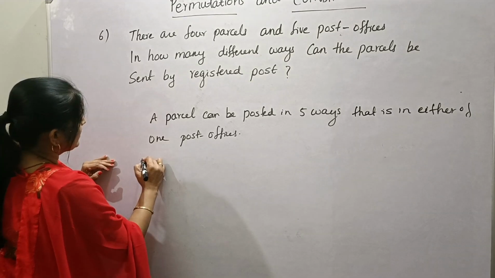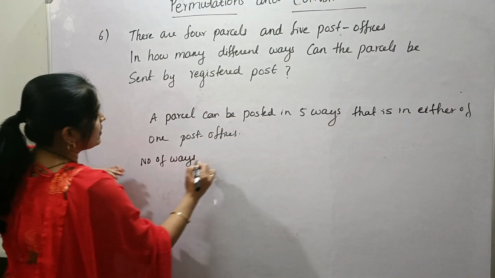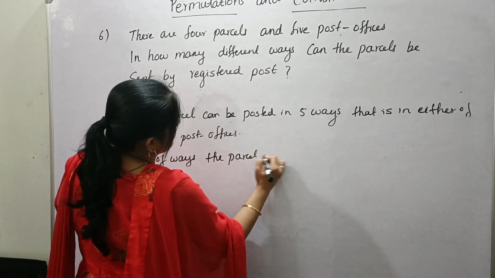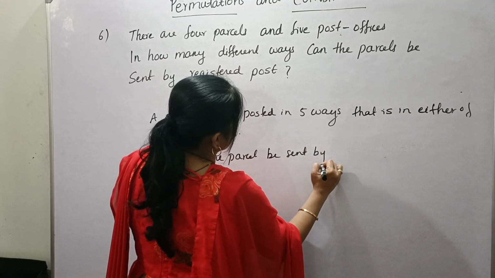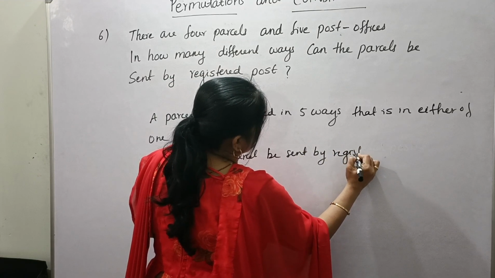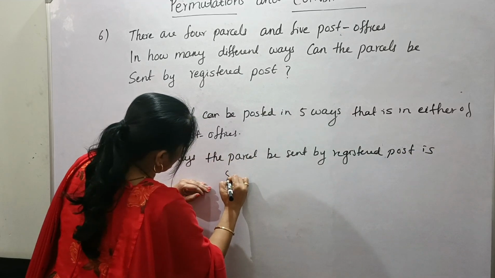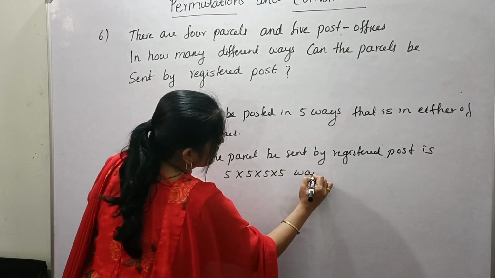So I will write: number of ways the parcel can be sent by registered post is 5 into 5 into 5 into 5 ways.